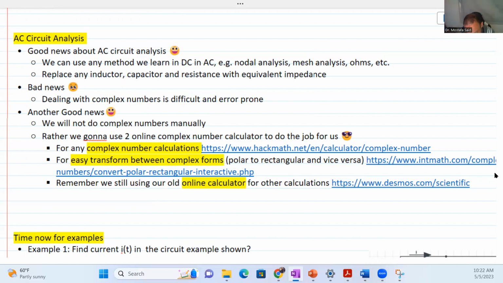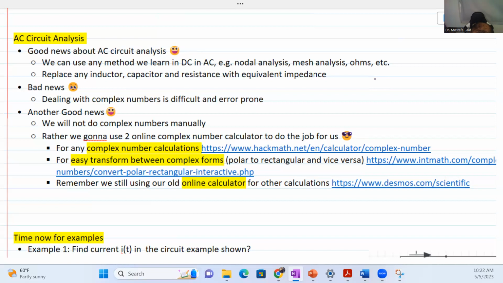That's the good news. And to make it look exactly like the circuits that we saw before in DC, just convert any resistance, any capacitor or inductor into a Z equivalent, an equivalent impedance.